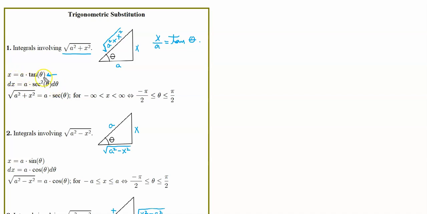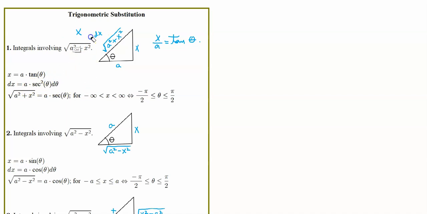Now, differentiating this, we get dx equals a times secant squared theta d theta. So if our integral has this term in it and say other x's, like say it's x divided by this quantity, we would substitute for x the a tangent theta, and then if we had a dx out here, the dx would become a times secant squared theta d theta.